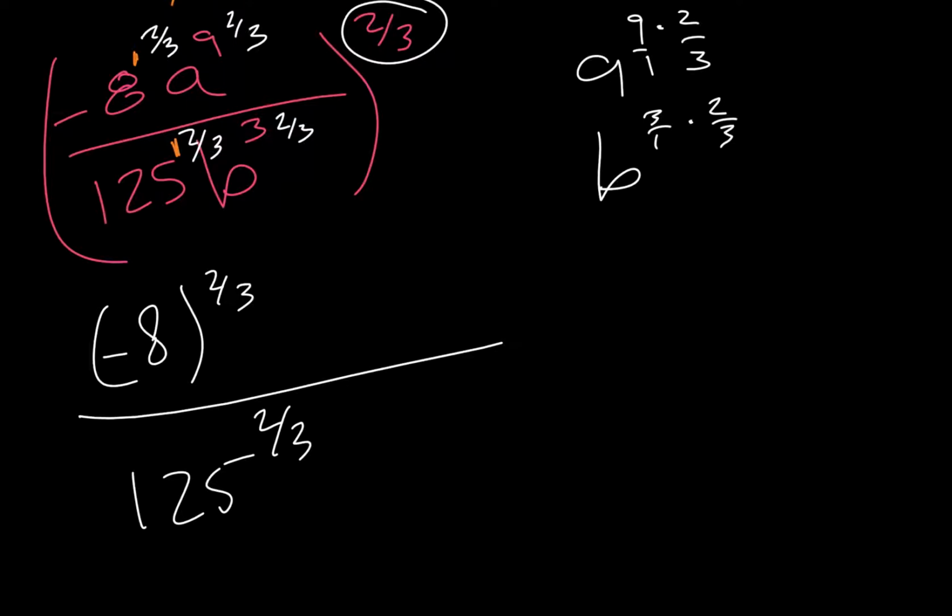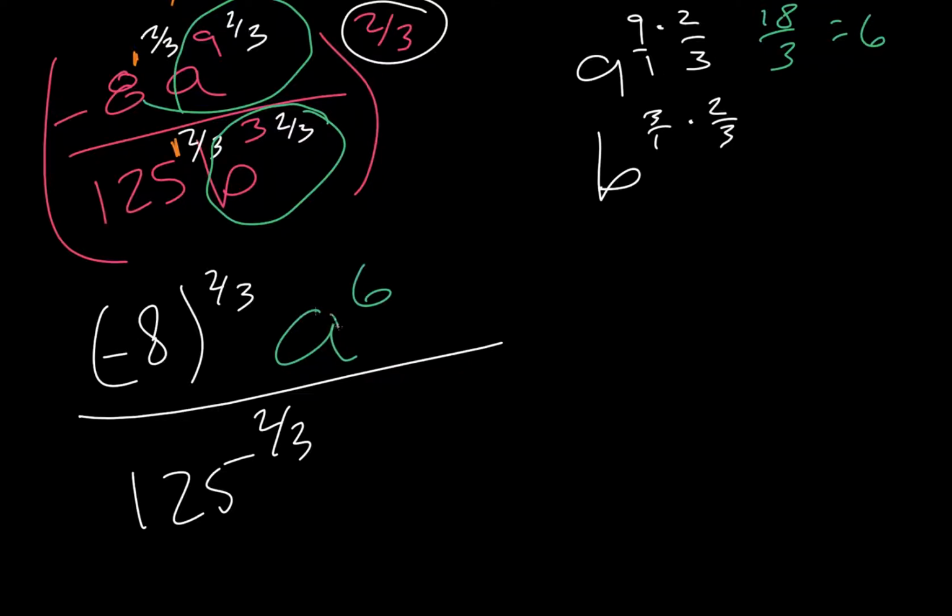I'm going to figure these out real quick. We can do 9 times 2, which is 18, over 3, which gives us 6. So right here we write a to the 6. 3 times 2 is 6, over 3, which is 2. So we get b squared right there.